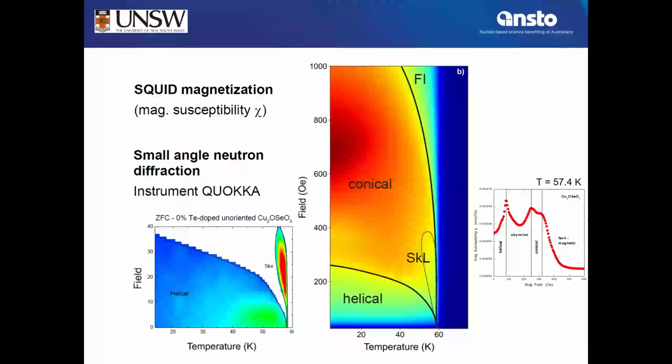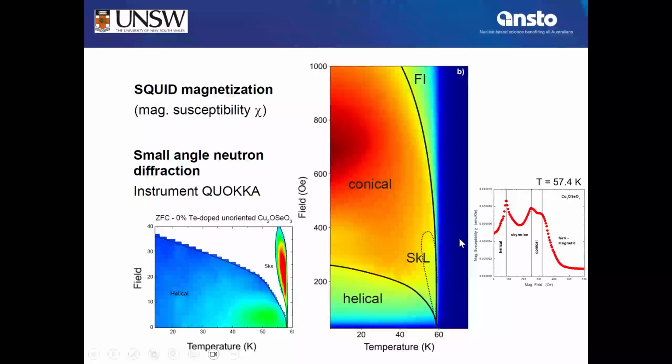So I wanted to show you that in more detail. We have mapped out that phase diagram here on Quokka. That's about 9,000 diffraction patterns. And here, compared to SQUID magnetization measurements. SQUID only measures the ferromagnetic component. That's an indirect technique. Neutrons can directly see the skyrmions.